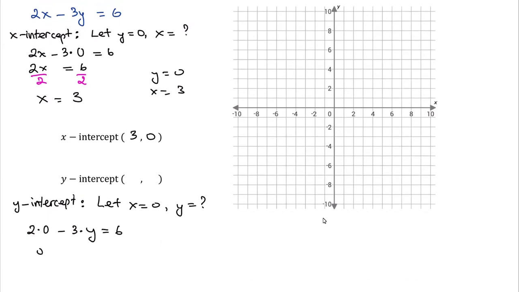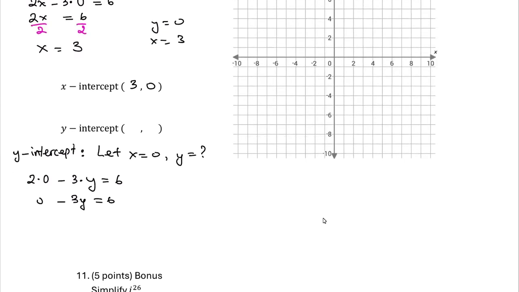So I get 0 minus 3y equals 6. I don't need to care about 0, right? Let's divide both sides by -3. So I have y equals -2. That means x equals 0, y equals -2. That is the y-intercept.